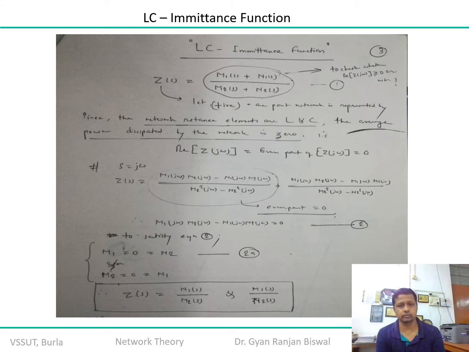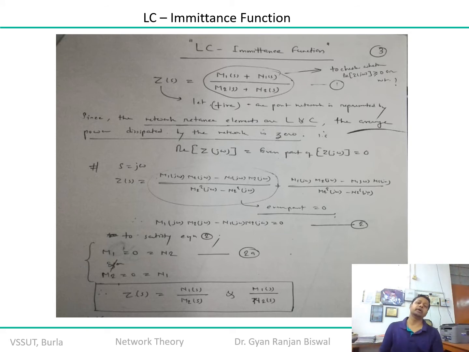So in that case, m1(j omega) times m2(j omega) should be equal to n1(j omega) times n2(j omega). Now to satisfy equation number 2, there can be only two possibilities: either m1 or n2 should be 0, or n1 and m2 should be 0. Note that m1 and m2 both can't be 0, and n1 and n2 both can't be 0. That you have to note.